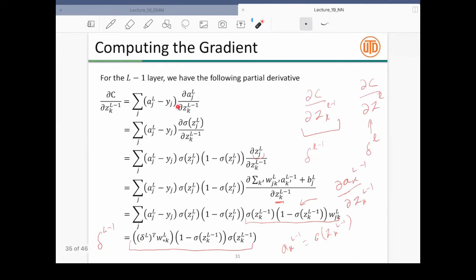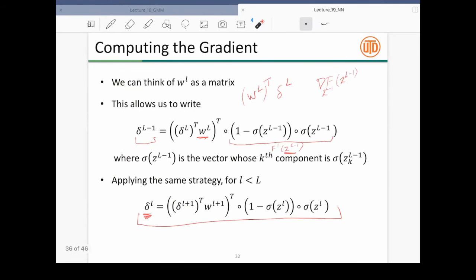We keep going down the chain, and then we basically get delta L minus 1 as delta L transpose W, multiplied by this. And we saw that we can easily write this as a matrix multiplication.